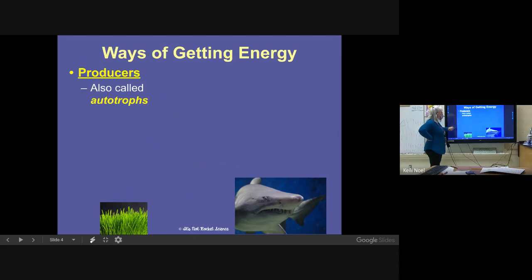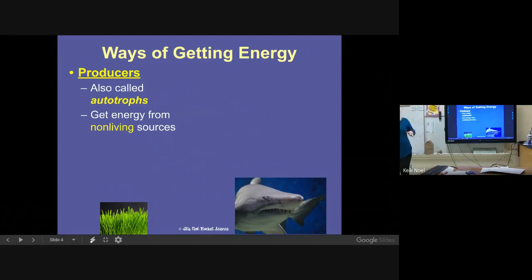We have organisms that are called producers. They're also called autotrophs, so you need to be familiar with these two terms. They get energy from non-living sources, so they do not consume any of their food. They produce it, they make it. These are going to be your plants.